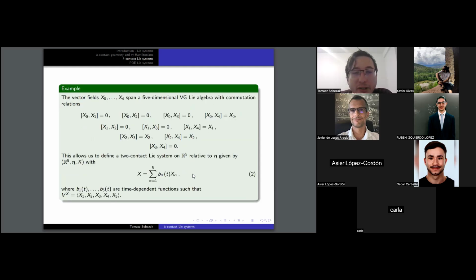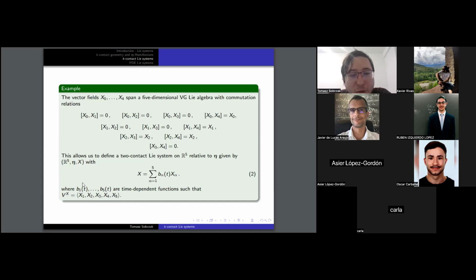And for clarity, I will just say that this is indeed a Lie system, because if we have those 5 vector fields, we find those commutations, so we can see that they are closed under taking the commutations. And then we can define the two-contact Lie system, which will be related to the time-dependent vector field decomposed in such a manner, in such a manner that those functions are just arbitrary time-dependent functions, and the Vessiot-Guldberg Lie algebra is spanned by those X1 to X5.